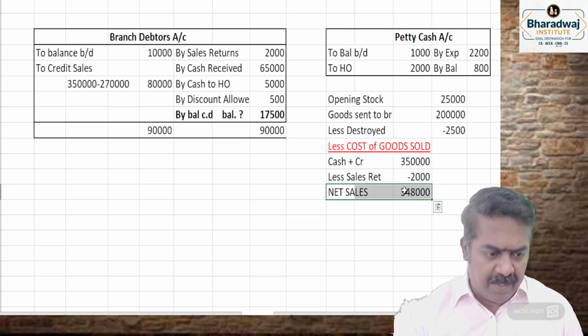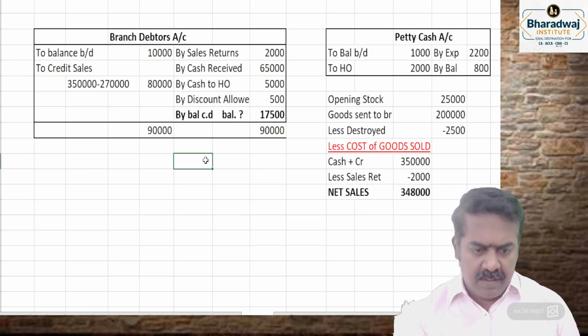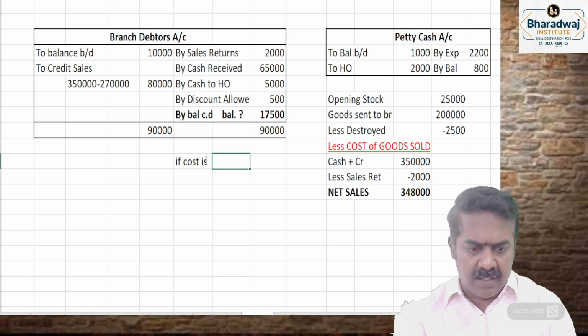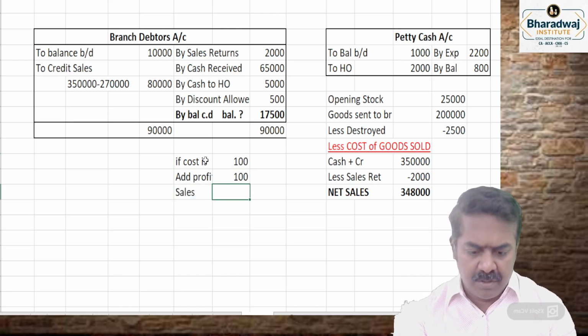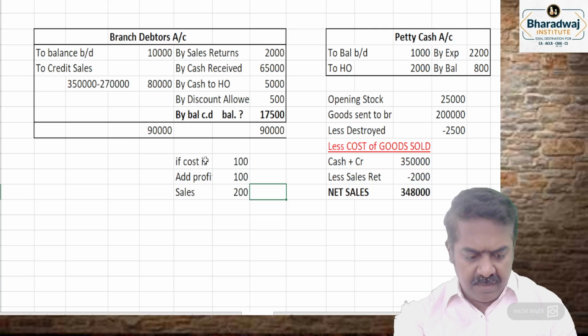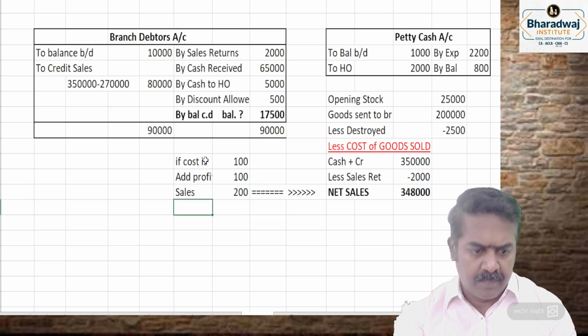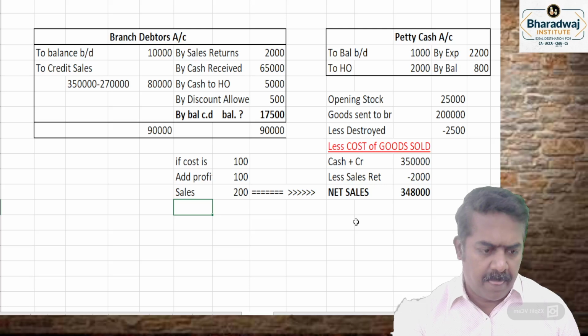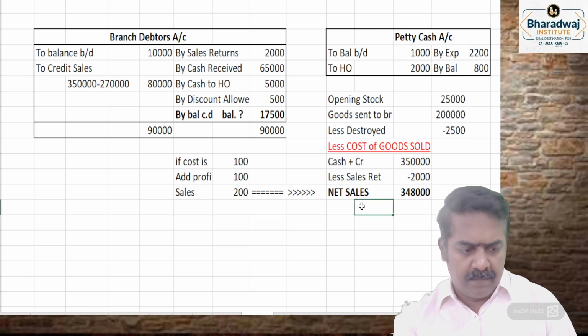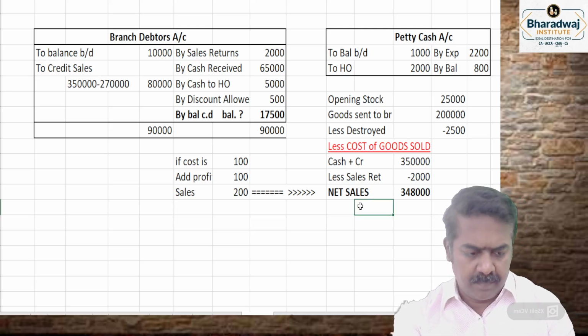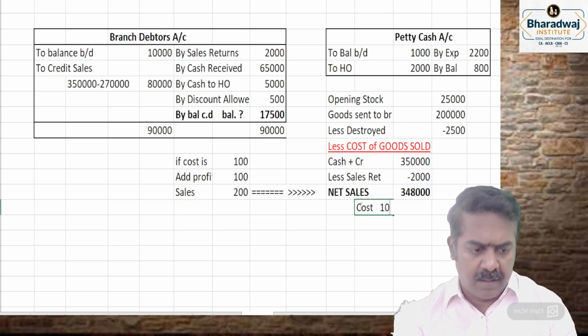The sales is made at cost plus 100%. Simple. If cost is 100, we add profit 100. The sales would have been how much? 200. If the sales is this one, what is the cost? 100 by 200.